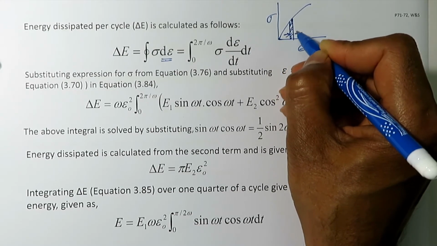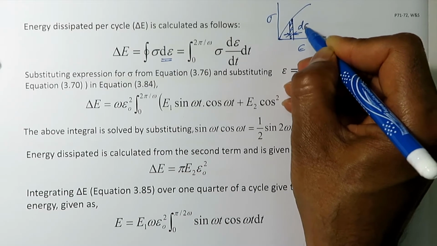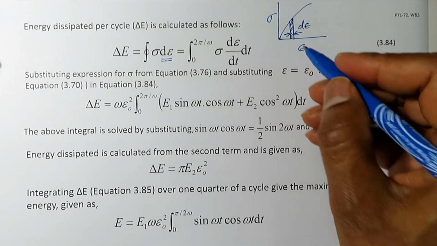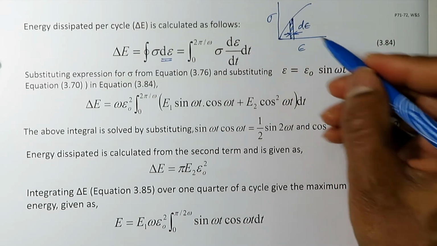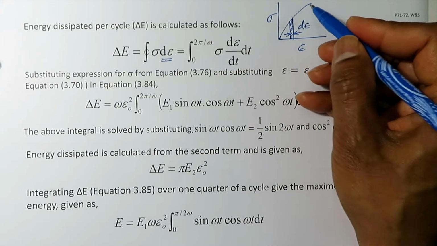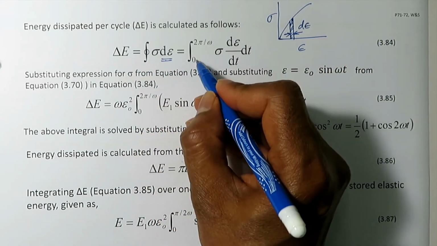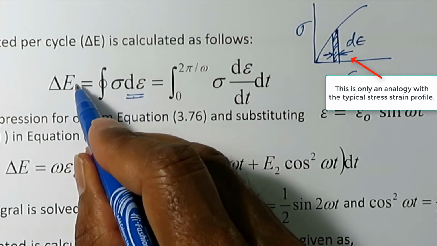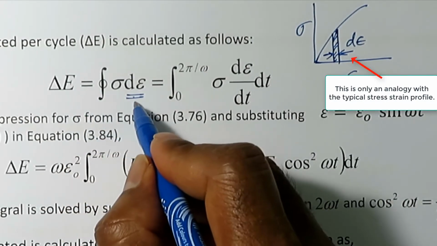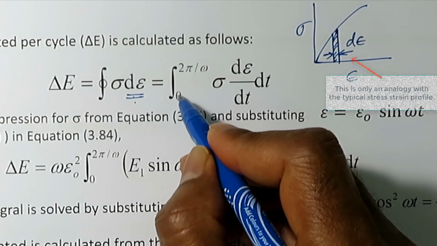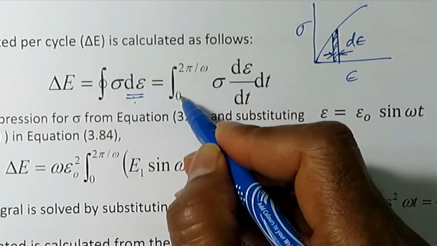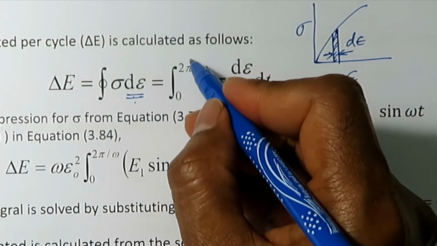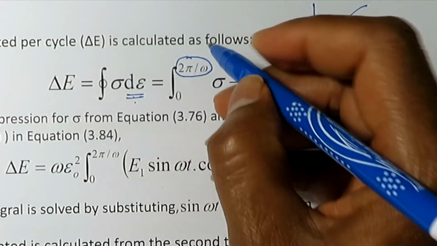So this is a small element of strain, and this is integrated over one cycle. So the loss energy dissipated per cycle is given by this equation, and further we can say that this integral has limits from 0 to 2 pi over omega. 2 pi over omega is one cycle.